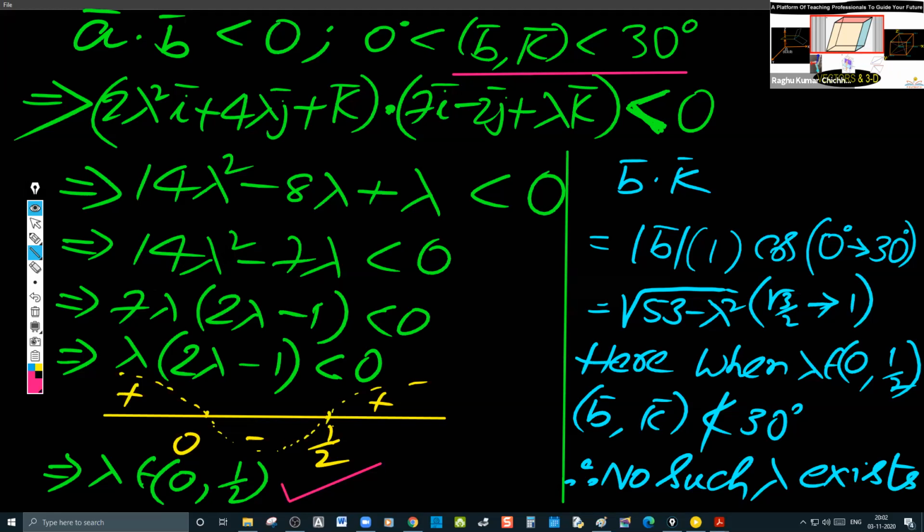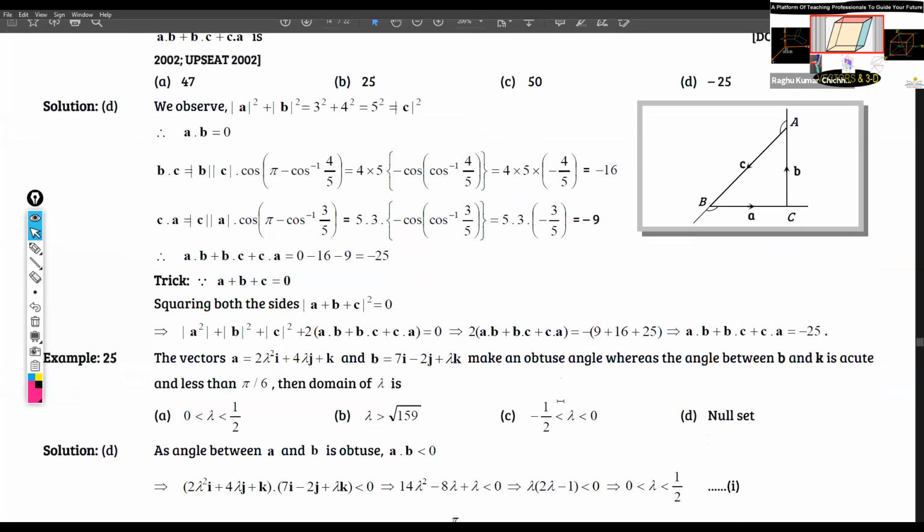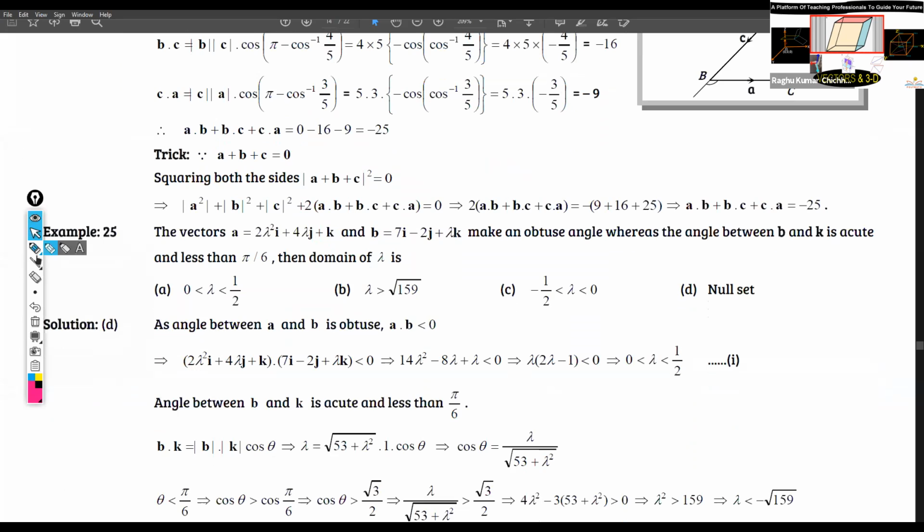Now, let us check his solution also once, so that if it is an elegant solution, we will take it. Just see this, Praneeth. What he did is also the same up to this. We have taken the dot product.